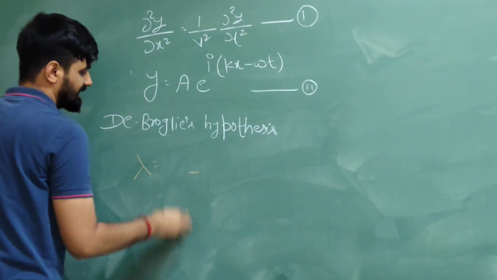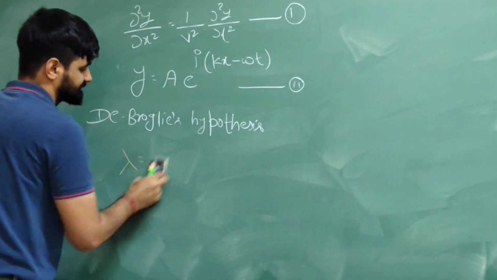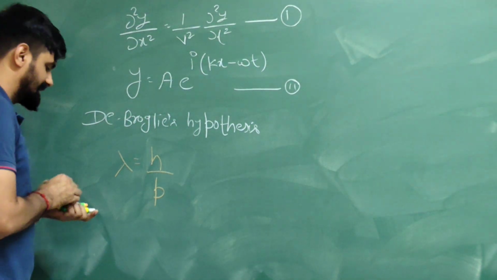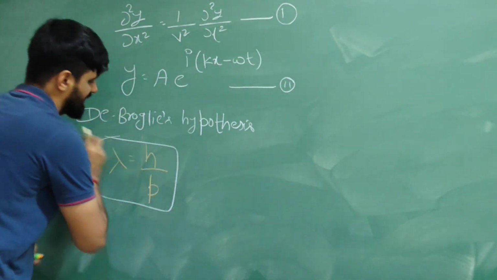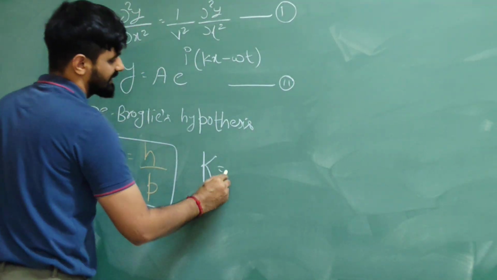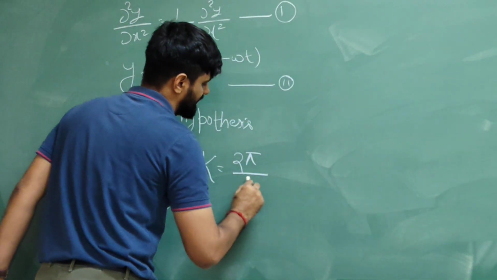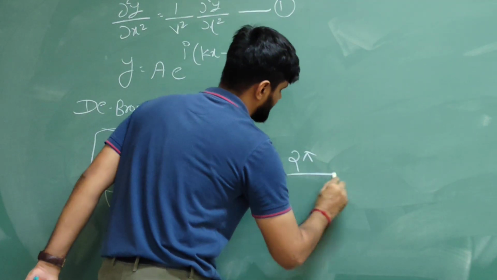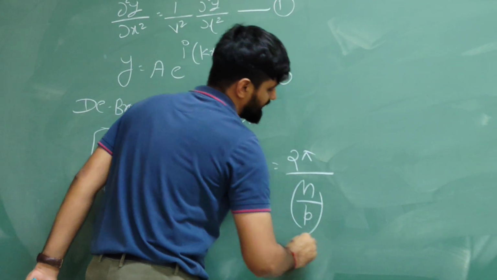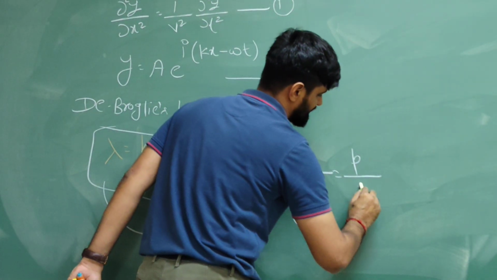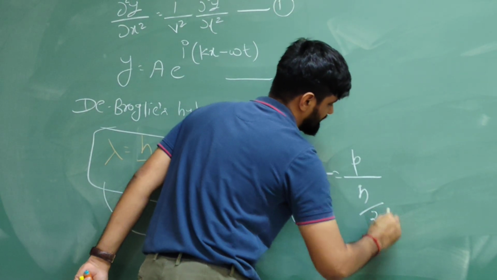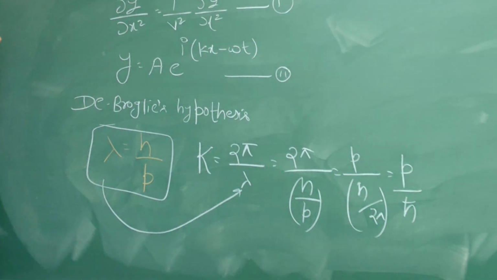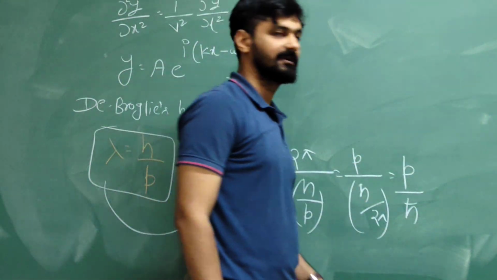Now, we have lambda equals h by p, and we know the wave number can be written as 2 pi by lambda. If I substitute this value of lambda here, we get 2 pi divided by h by p. This equation can be rearranged, and finally we have calculated the wave number, k equals p divided by h bar.